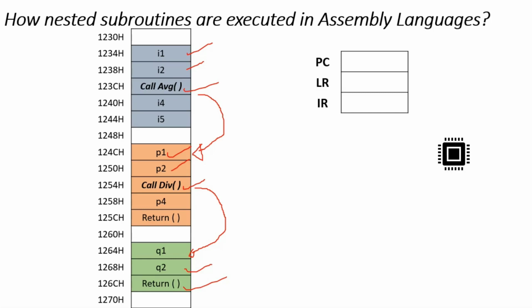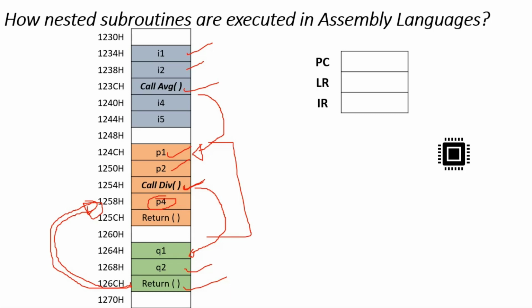When it encounters the return statement, the program has to always return to the next instruction after the function call. The most recent function call is divide, which we called in the average subroutine. So what is the next instruction to be executed? That is P4. So we come back to P4 after execution of divide.